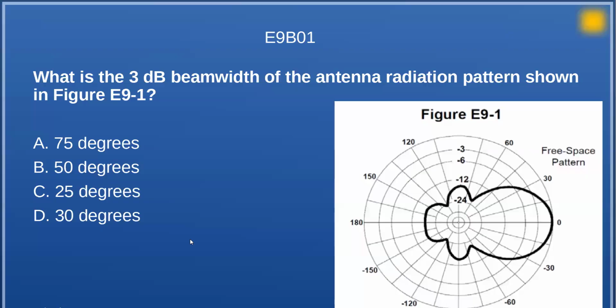So what is the 3 dB beam width of an antenna radiation pattern shown in figure 9.1? I bet it's the same. I don't quite understand, because that's not actually the widest point. No, it's where it crosses the 3 dB point, 3 dB down, half power. It's the half power points, just like you do for a bandpass filter.